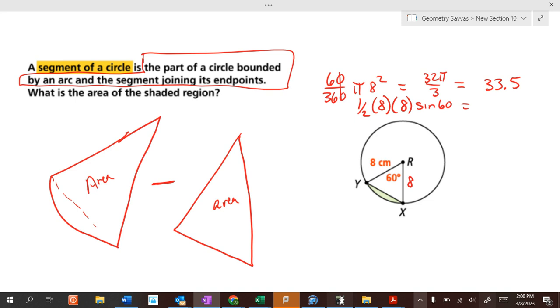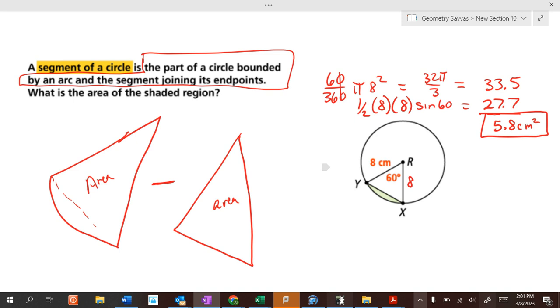It's going to be a little less than 33.5. 27.7. So if we subtract these two, we get 5.8. And that's the area of the little sliver in between.